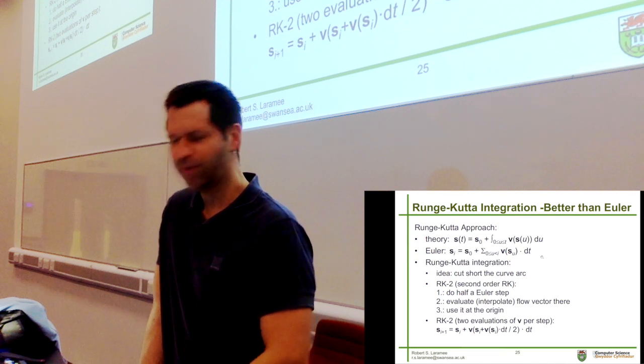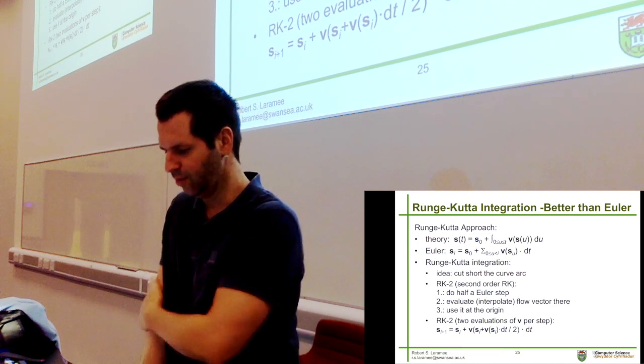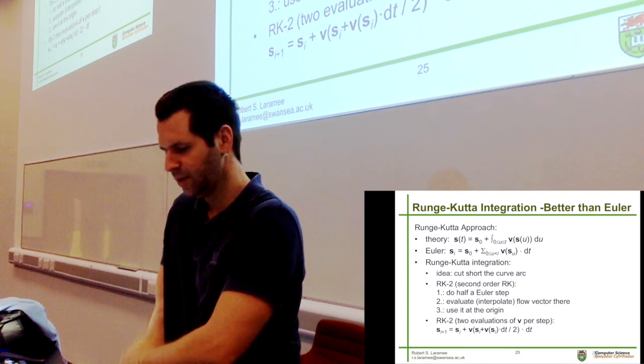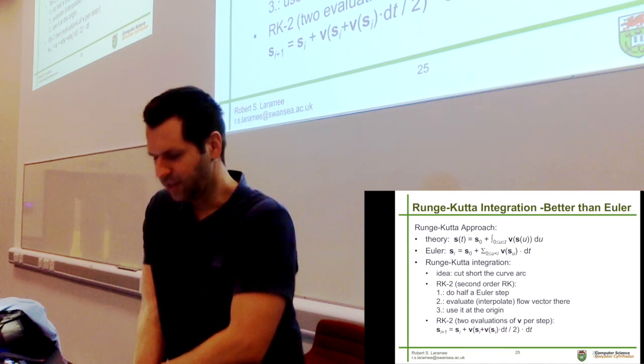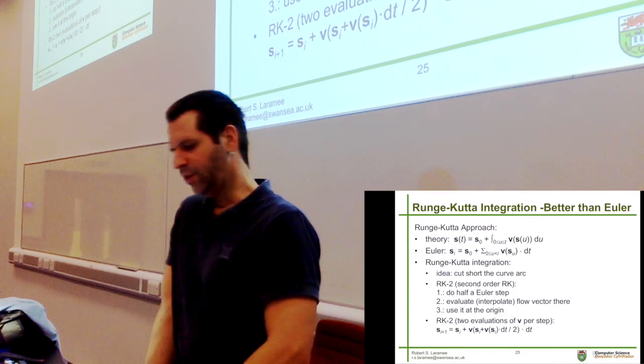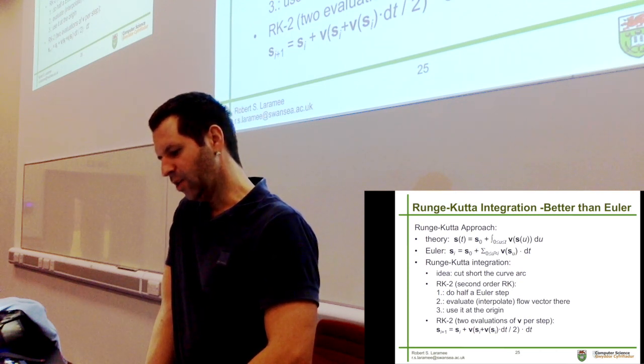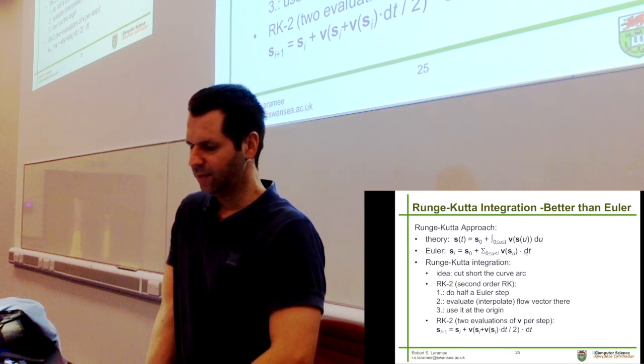But we can come up with more accurate integrators if we so choose, and there are a number of more accurate integrators. And it has a different formula. The Euler integrator is, the next point is the previous point adding on the velocity at the previous point multiplied by dt.